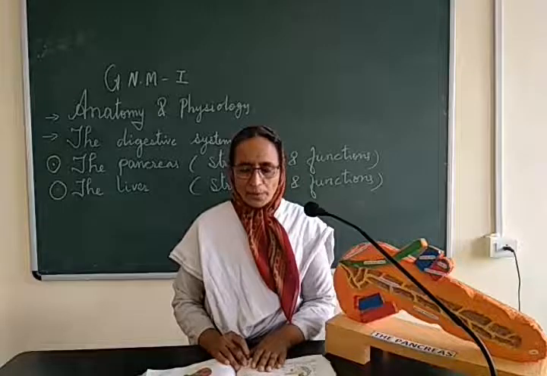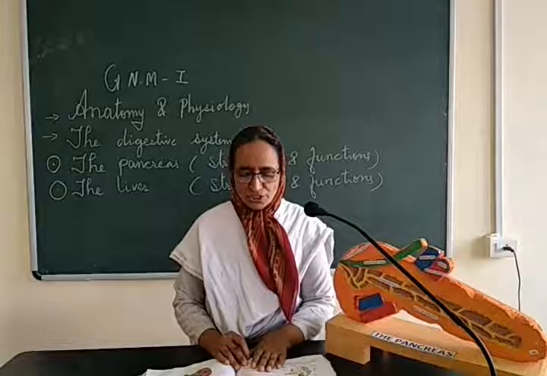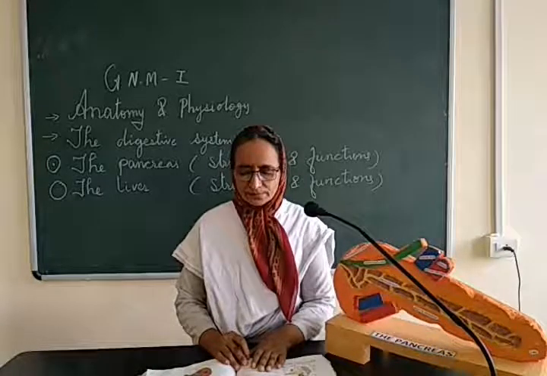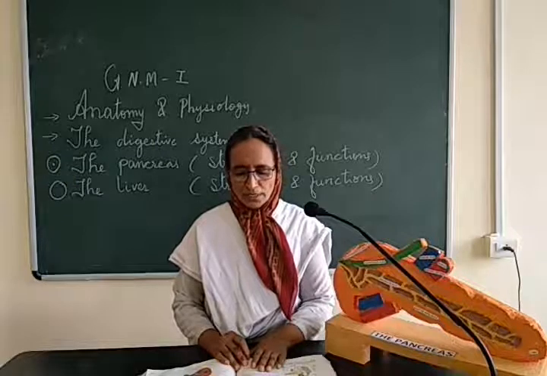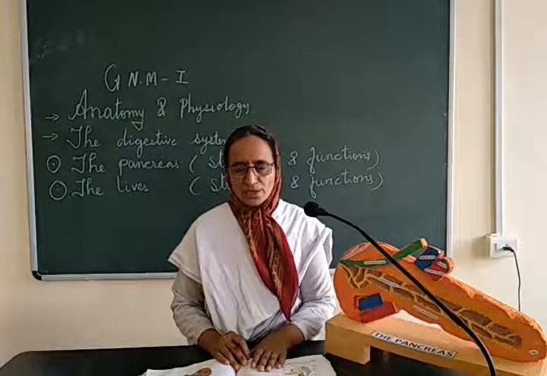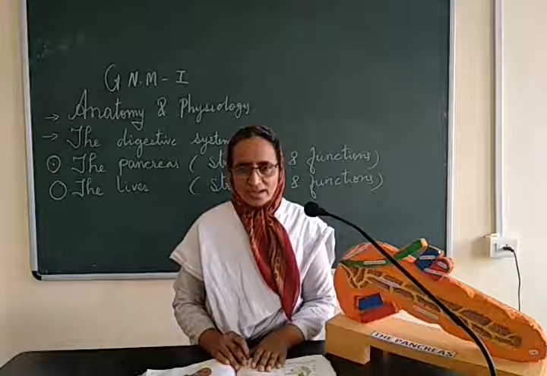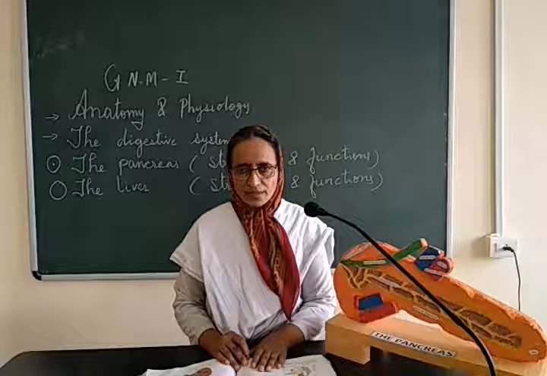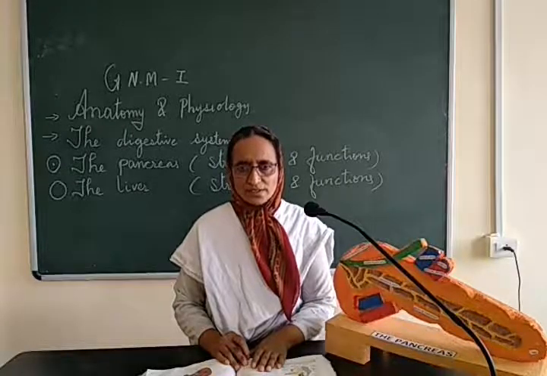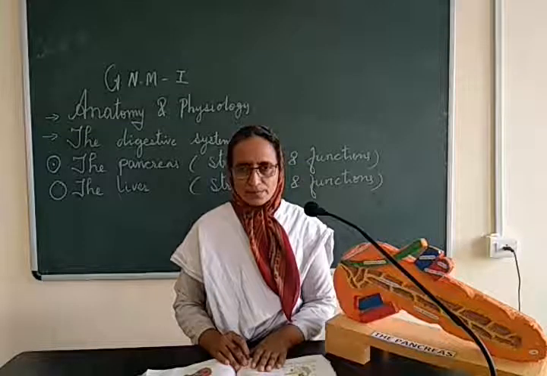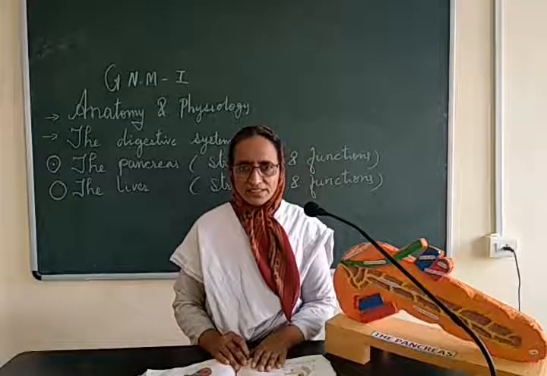The endocrine pancreas is distributed throughout the gland. The groups of specialized cells are known as islets of Langerhans. There are three types of cells. Alpha cells produce glucagon that increases the blood sugar level.